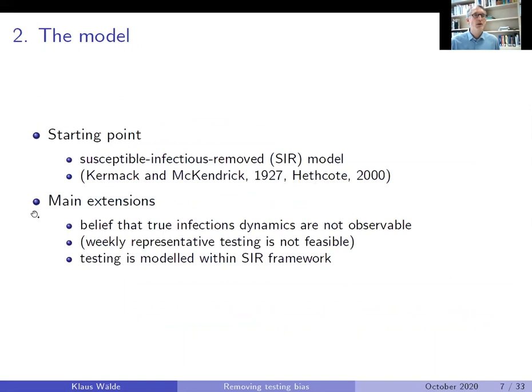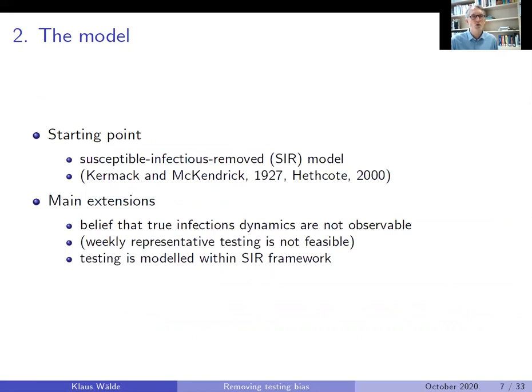And we introduce some extensions. The main first one is the belief that true infection dynamics are not observable. In all of the SEIR models I know, in all of the current applications to Germany, the Ferguson study for the UK, and so on, we all did projections as well for Germany, we all take the model as if we could observe the number of infected and infectious individuals.